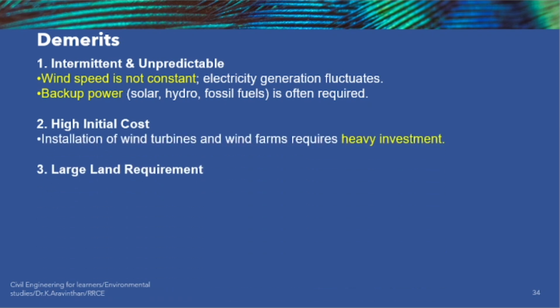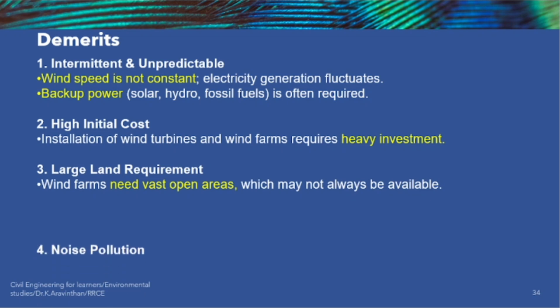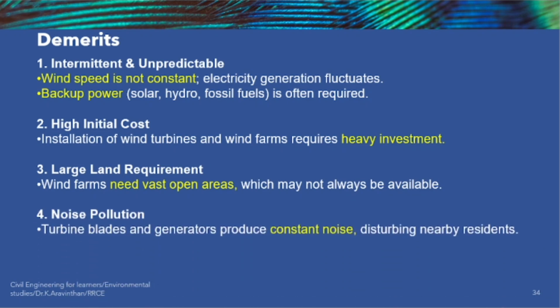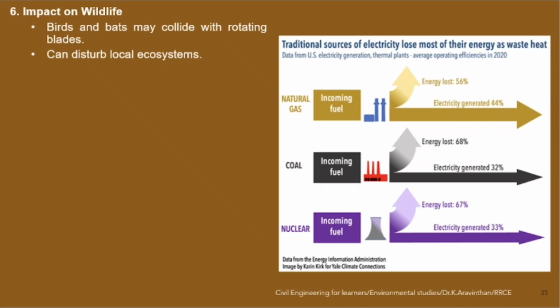The next thing is high initial cost. Large land is required. Noise pollution: wherever you have windmills, there will be some noise and visual impact. Now another comparison: how much percentage of electricity is generated and how much is wasted? If you take incoming fuel, natural gas generates only 44% electricity, and 56% is lost.